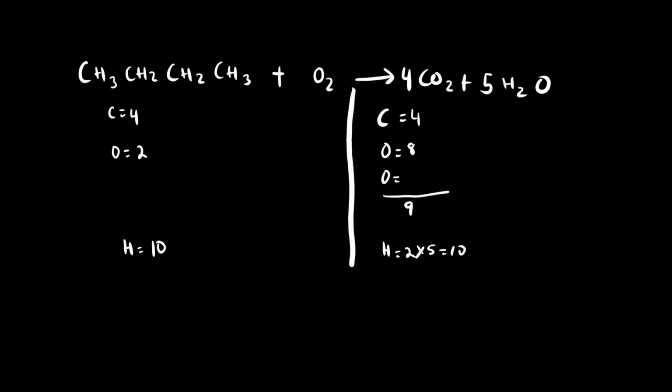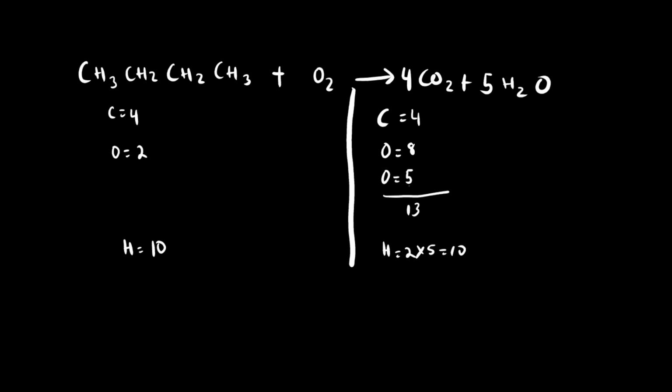So now we have 10 hydrogen on the right and 5 oxygen as part of the water. So total we have 13 oxygen on the right. So we've balanced the carbon and we've balanced the hydrogen. Now the issue is the oxygen.